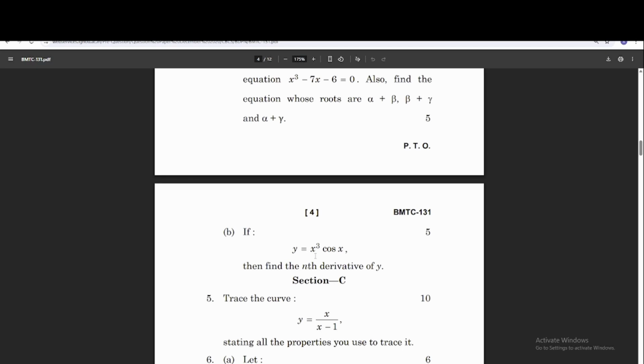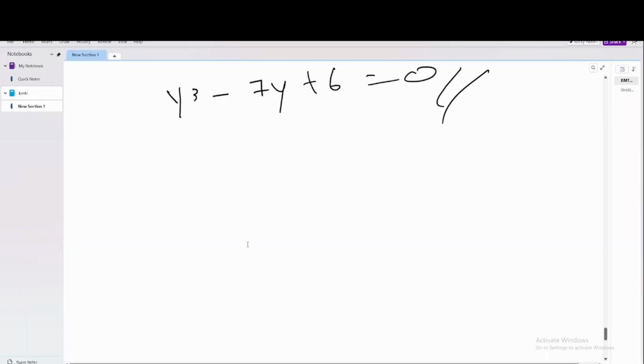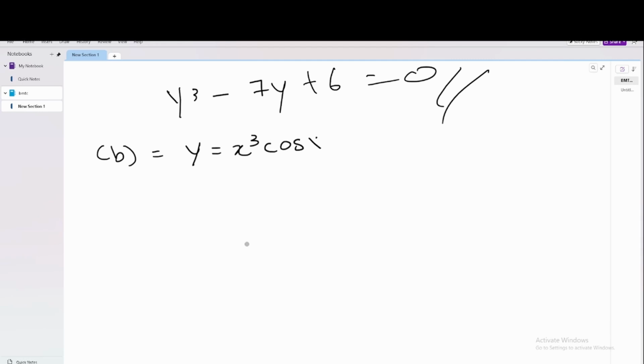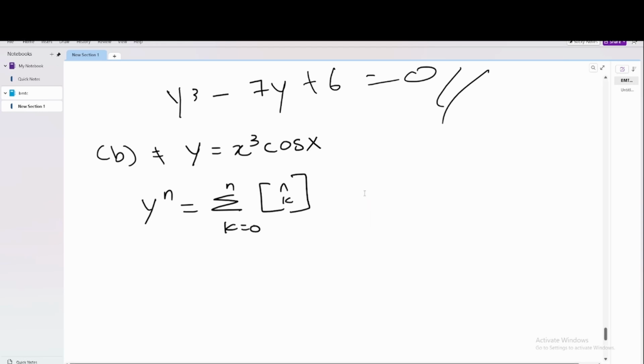If y is equal to x cube into cos x, then find the nth derivative of y. The formula for this is the sum over k from 0 to n of nCk u raised to k into v raised to n minus k.